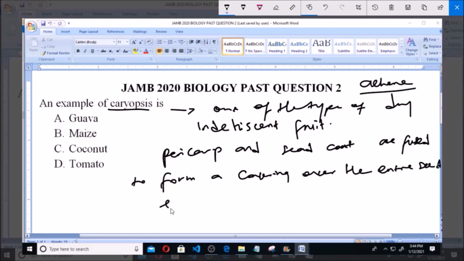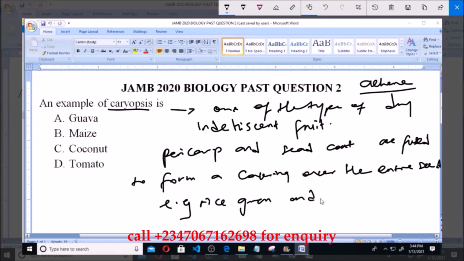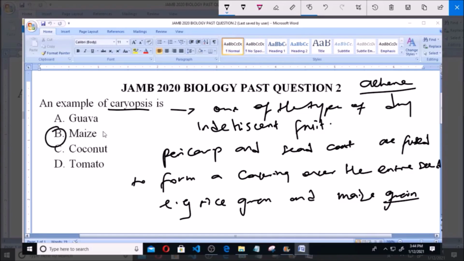A typical example of the caryopsis includes the rice grain and the maize grain, because their pericarp fuses with the seed coat. And so option B is the correct answer to this question. It is an example of caryopsis, which is a dry indehiscent fruit.